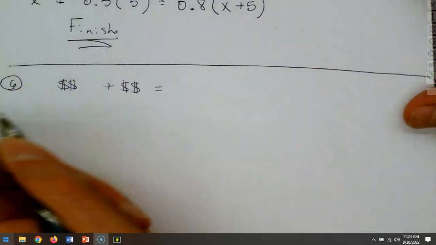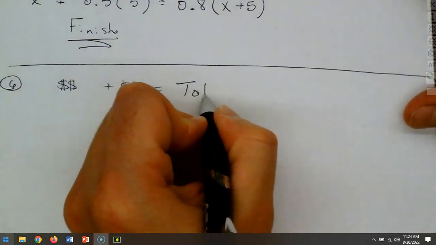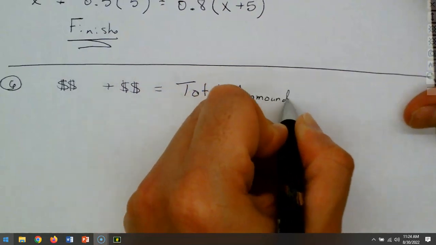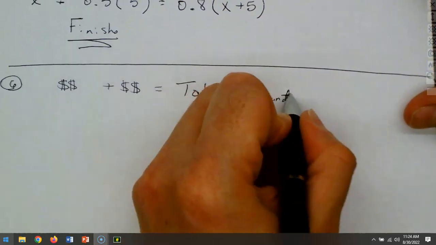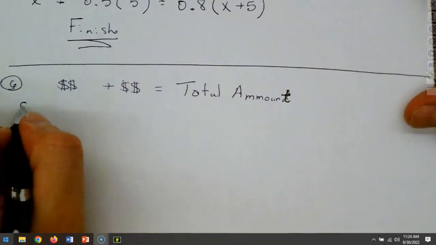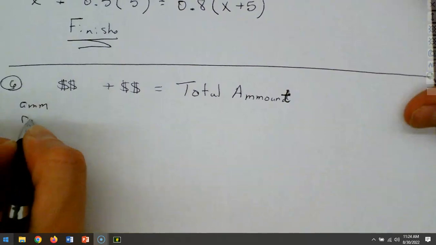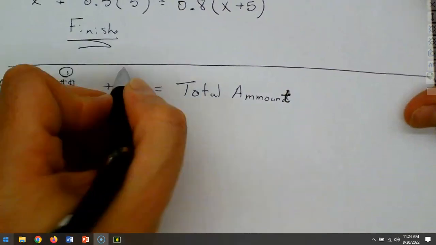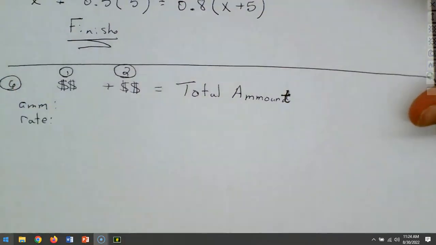And then on the right-hand side, we've got a total amount. So that's going to be your total amount here. These are the amounts and percentage rate along with it. We've got 1 and we've got 2.